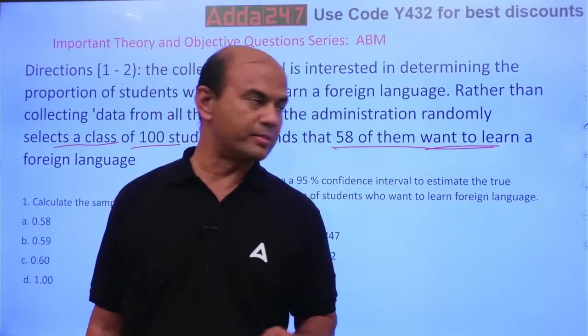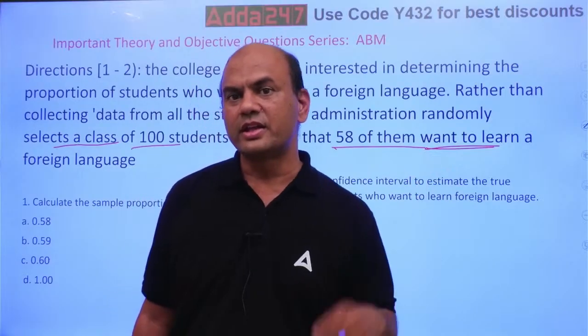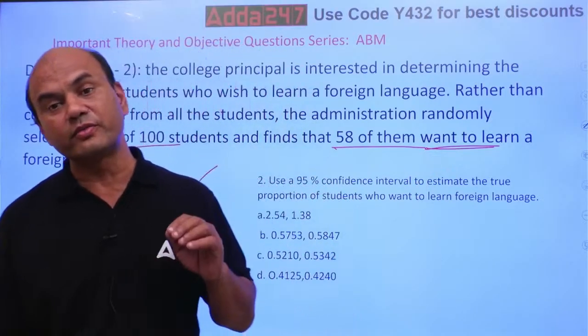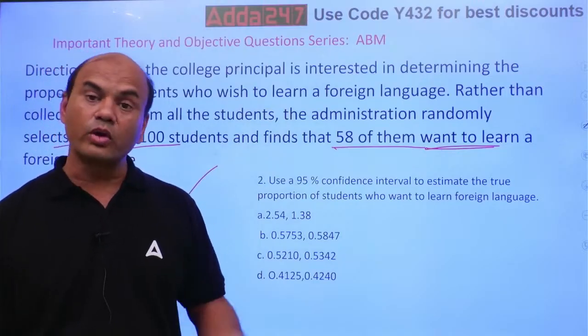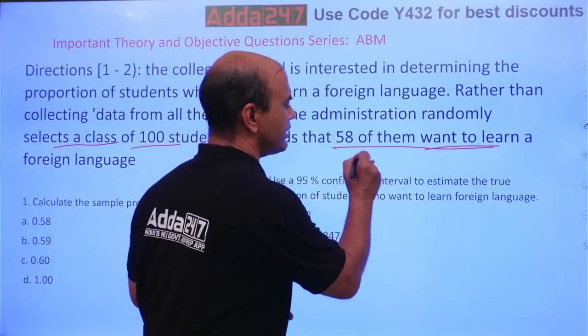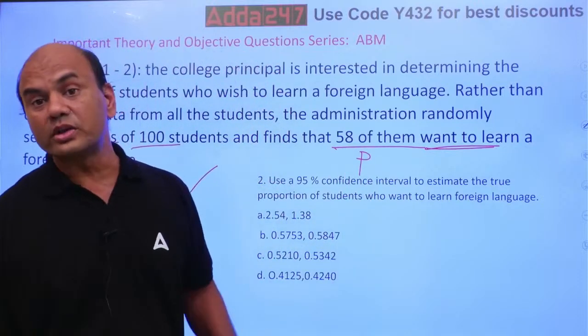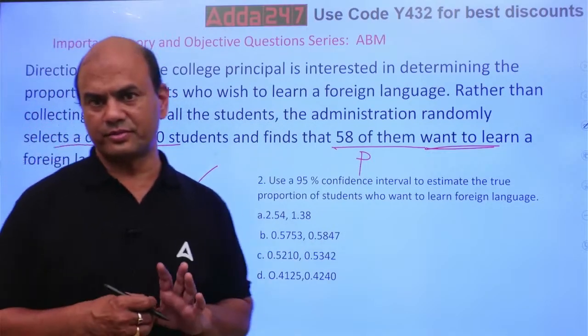I'll explain. Suppose they had asked who want to learn. So what will be the success then? Success will be who wants to learn. So success is known as P. This is who wants to learn. So P equals who wants to learn.